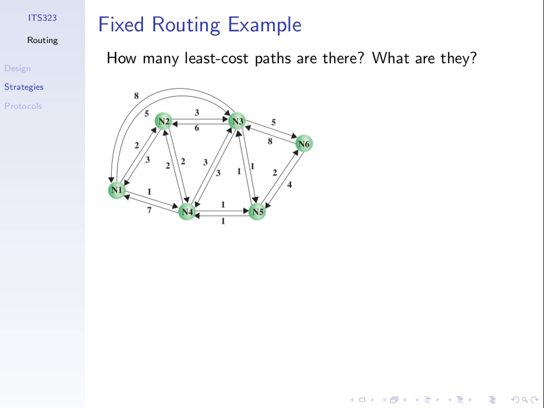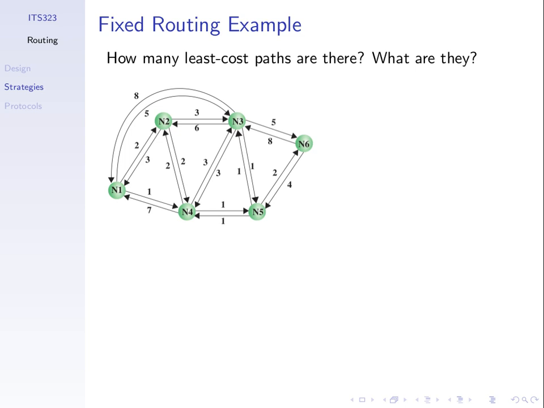We need to calculate them, and then we need to do the same for the other nodes in the network. From node 2 to the other 5 nodes, node 3 to the other 5 nodes. We don't need a path to ourselves. So in total, the number of paths are? How many?